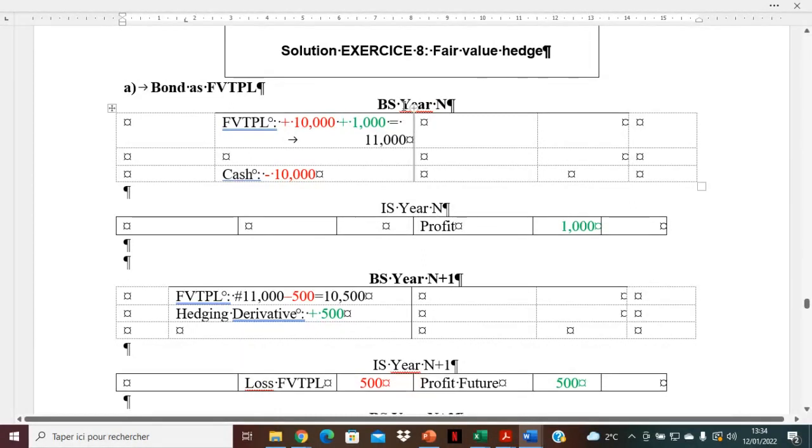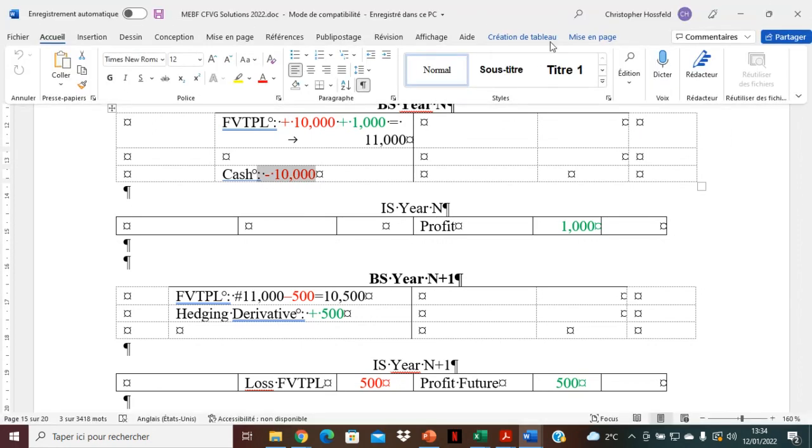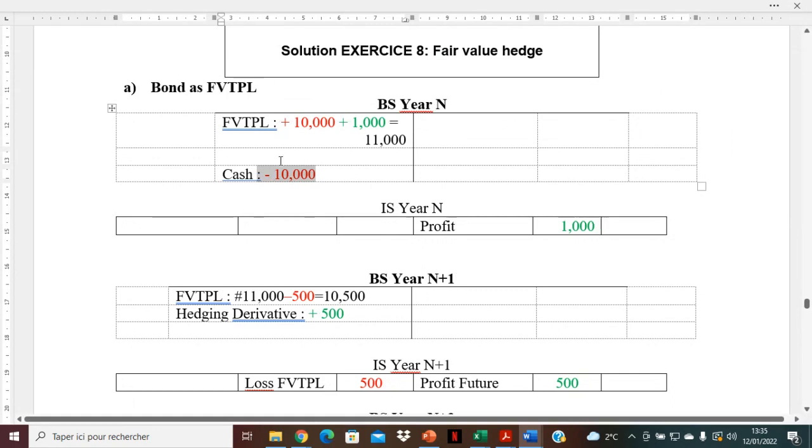So in year N, we buy the financial instrument, the bonds, for 10,000. Therefore, I have a cash outflow of 10,000, and I recognize my bonds at fair value through profit and loss.